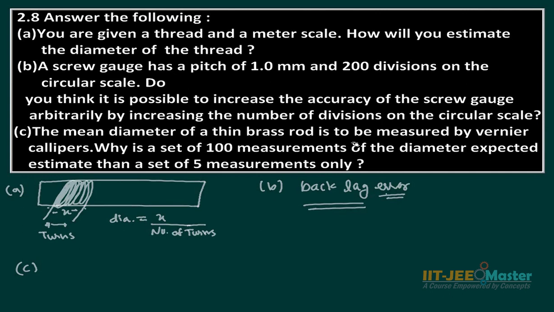Sometimes it becomes positive, sometimes it becomes negative, and ultimately the sum will become less and less. To get a better expected estimate, we must take more and more measurements in an experiment.